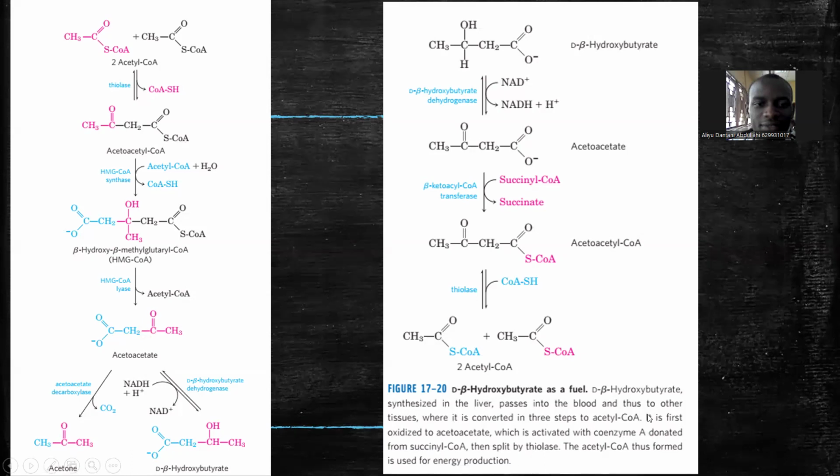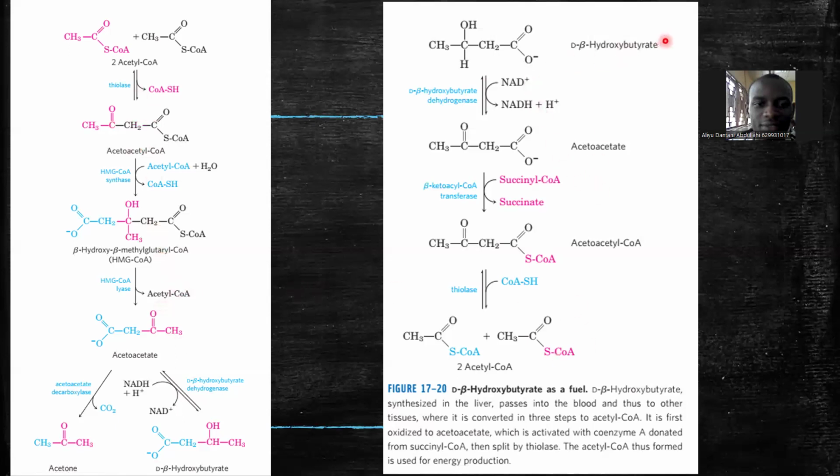It makes sense. Acetoacetate is activated with coenzyme A donated by succinyl-CoA, then split by thiolase, and the acetyl-CoA formed is used for energy generation. I think it makes sense. This is very clear. This is just the reverse of what just happened here, basically.